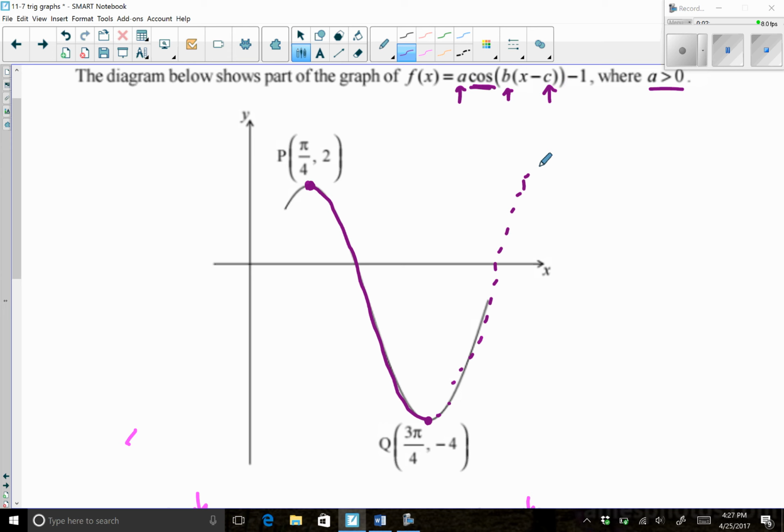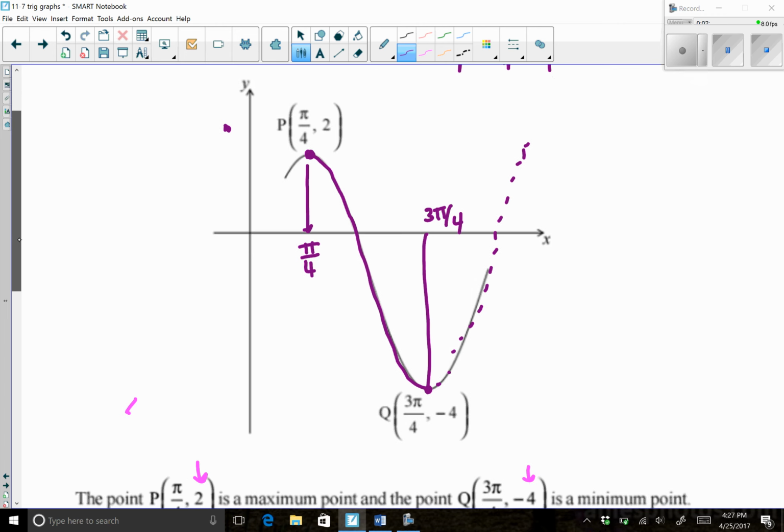So what they're giving us here from pi over 4 to 3 pi over 4, this is half of the period in the x values. So half of the period, I'm going to go back now, so write that on your graph if you need to.